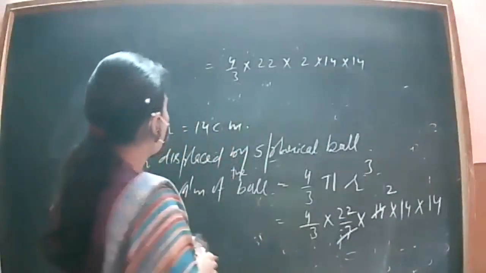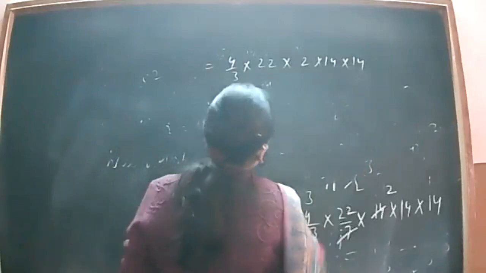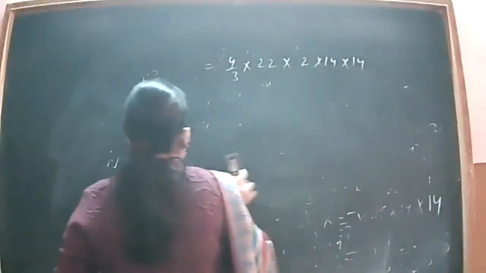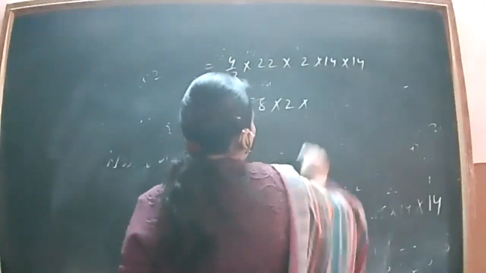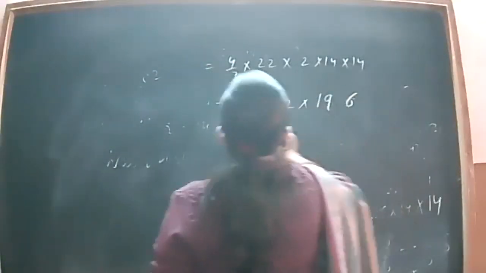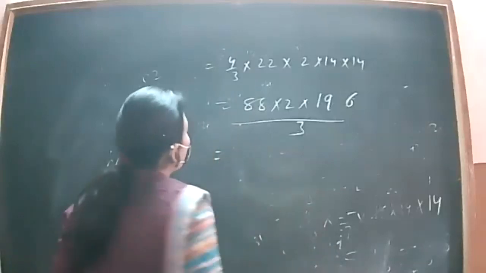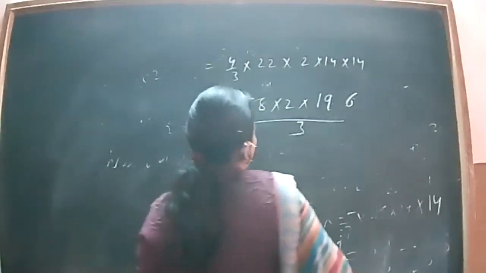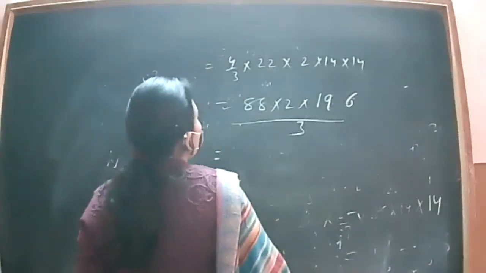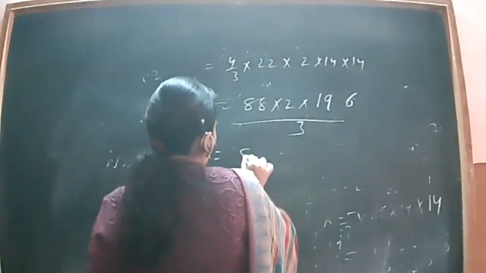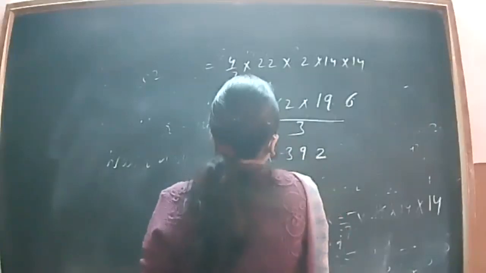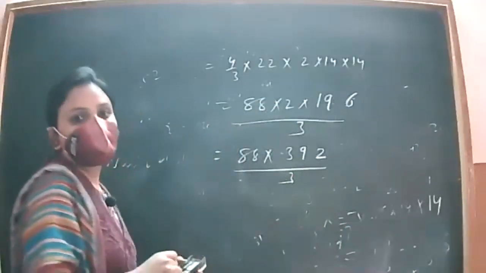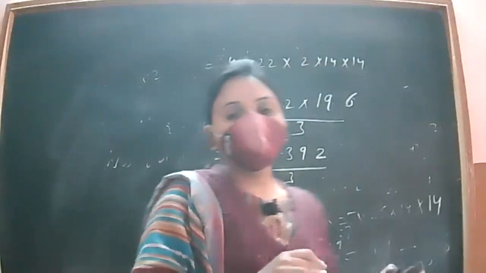This is left with us. So further it is equal to 88 into 2 into 196 over 3. So this becomes 88 into 392 over 3.